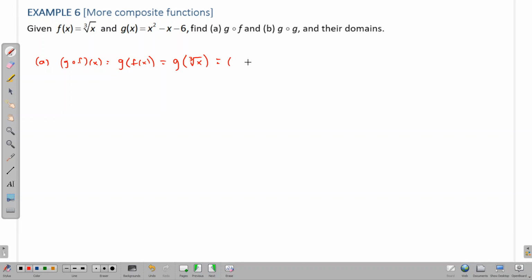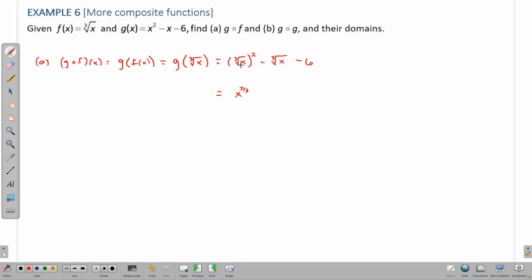So we would have, let me start with some parentheses, put cube root inside there and square it, that's plugging that in, minus the cube root of x minus 6. This is technically the answer. This year we're not going to be very fond of the radical notation, so we would probably rewrite this as x to the 2/3.